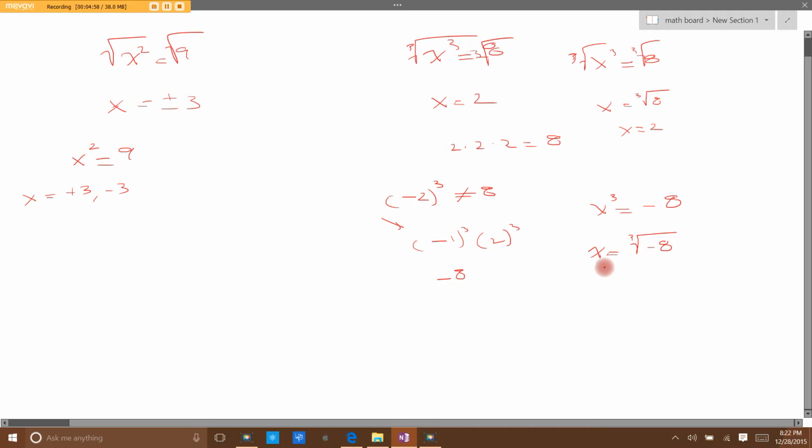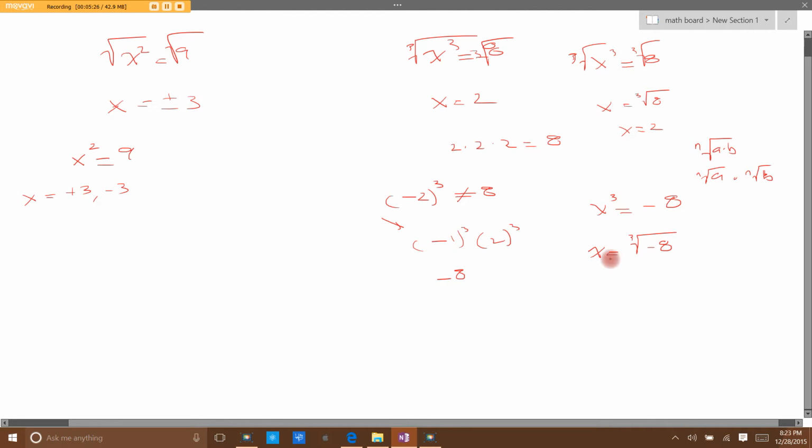And then I'm going to throw in another rule from way back when: the nth root of a times b. We can separate that into the nth root of a times the nth root of b, right?